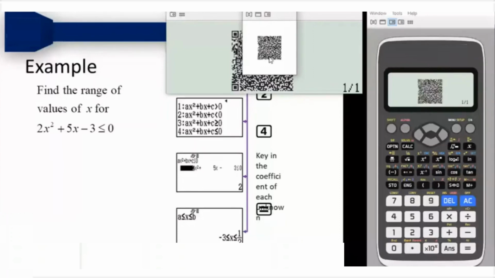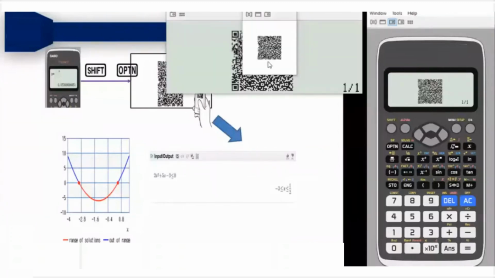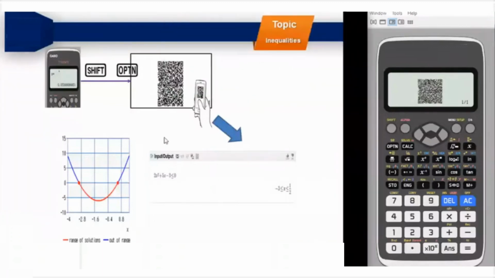So here it is. I have also made a visual for you. What you need to do is press shift and press OPTN. You will get this QR code. Once you scan the QR code which is in your calculator, you will observe that this is the graph. The region with red indicates the range of solutions of the quadratic curve.